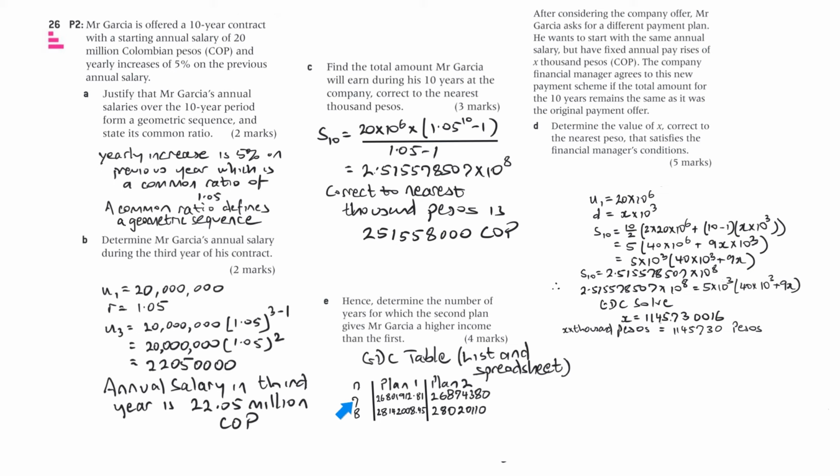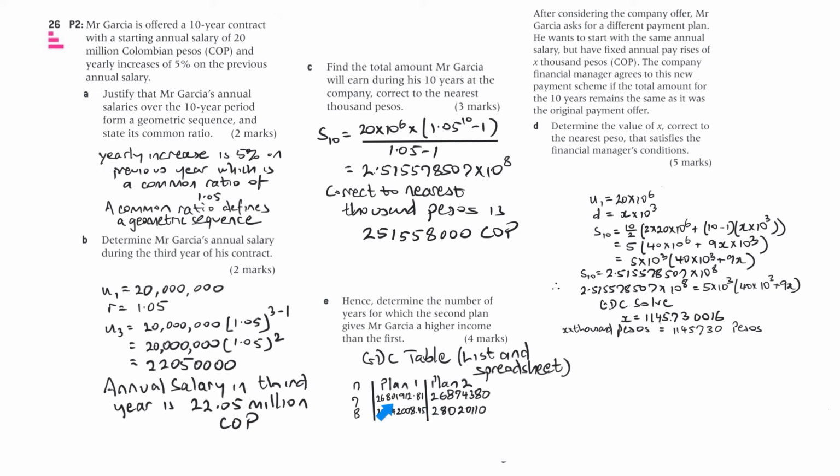And I generated, this is n is 7 and n is 8. Then for plan 2, I did the same. I generated a sequence, but because this is arithmetic, I've used these numbers here, and I've put in the equation for the nth term of an arithmetic sequence, and I generated numbers down here for these values of n.